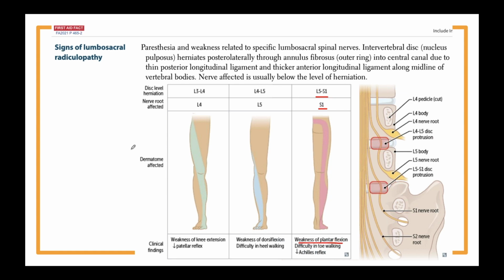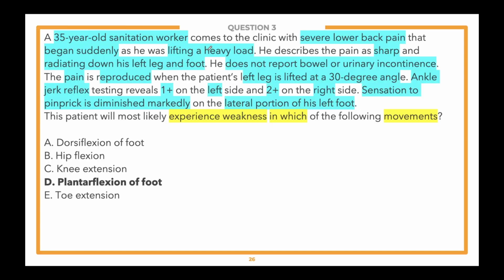So if we go back to our answer choices, we talked about answer choice A and we talked about answer choice C. Answer choice E would not have an issue with toe extension. That is more on the medial side of the foot, as we talked about. Answer choice C would be more so with an L4 radiculopathy, issues with knee extension.